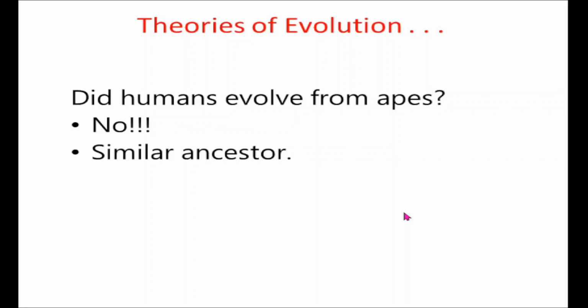Evolutionary science says that apes and all other organisms share a common ancestor. Humans and other organisms have a similar ancestor. Therefore, don't misunderstand that evolutionists are saying humans come from apes. No, evolutionists do not say that.